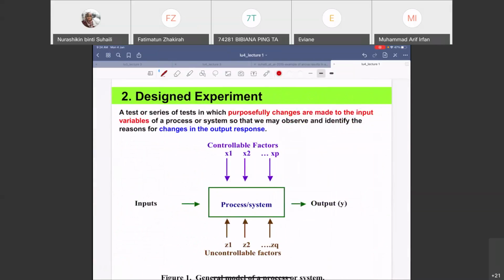Okay, designing an experiment. Whenever we talk about designing an experiment, this is the process: the experiment that you want to do. It must have its nature. Any experiment should have inputs and outputs, and they must also have what we call factors.